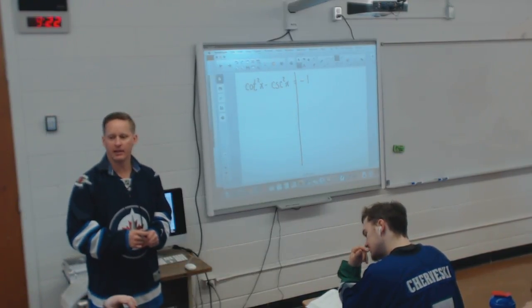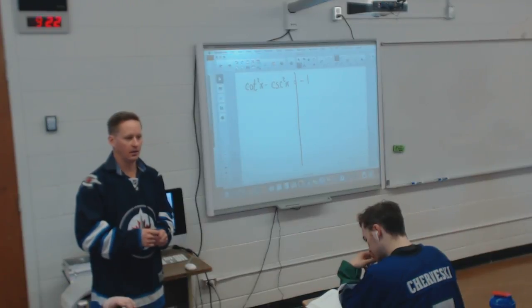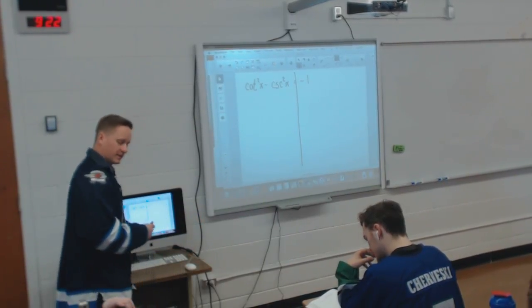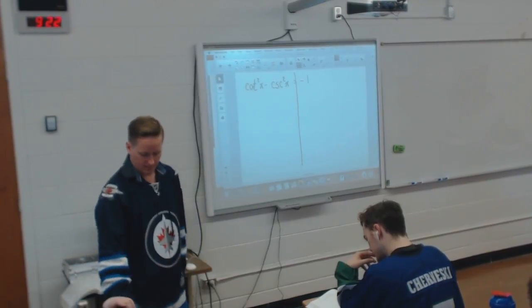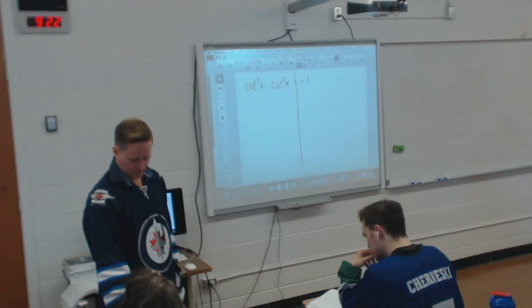Is there a possibility that I can change it? Cotan squared plus 1 equals cosecant squared. Okay, so say that again. Could you use cotan squared theta plus 1 equals cosecant squared theta?